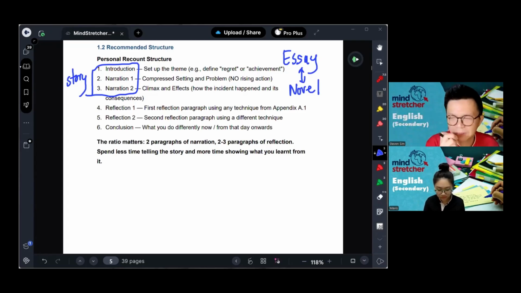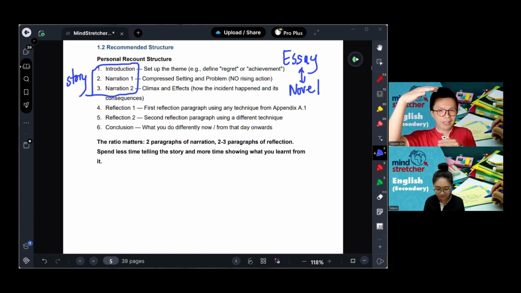The other reason students use lots of dialogue is because it fills up space. You're afraid that you don't have enough vocabulary and you don't know what to write. But your O-level examiners will look at it and they can see through it.